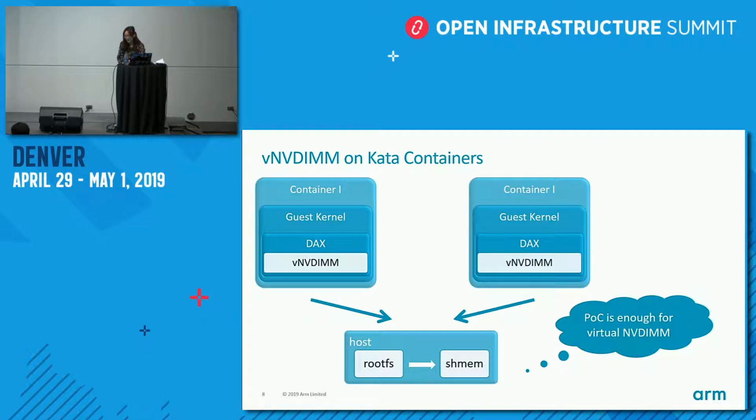So if your kernel finds that your system doesn't support DC CVAP, and so can't support persistent memory, it will use DC CVAC instead, which means the data cache line will be written all the way back to the host memory. That's where the virtual NVDIMM lives. So that's enough for NVDIMM on Kata containers.